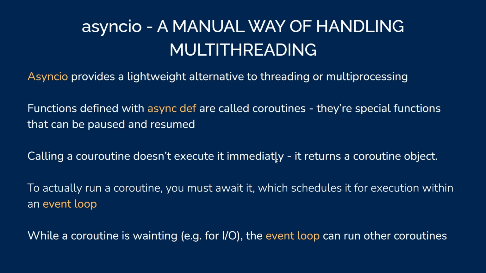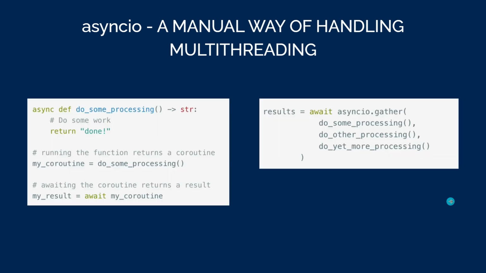That's why also, if you translate await from a linguistic perspective, you basically wait for the coroutine object to deliver the result, which means that this is scheduled for execution within an event loop. And so while a coroutine is waiting, for example, for input output, the event loop can run other coroutines. And we will again see this with this example.